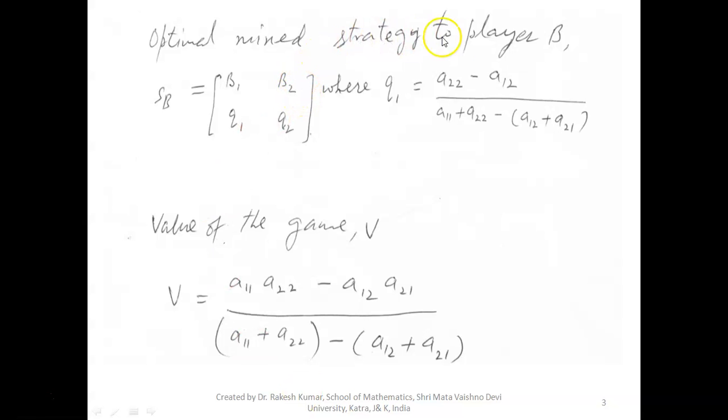Similarly, the optimal mix strategy to player B is given by SB, equal to B1, B2. He chooses the strategy B1 with probability Q1 and B2 with probability Q2, where Q1 is given by A22 minus A12 divided by A11 plus A22 minus (A12 plus A21), and the value of the game denoted by V is given by A11 A22 minus A12 A21 divided by this.